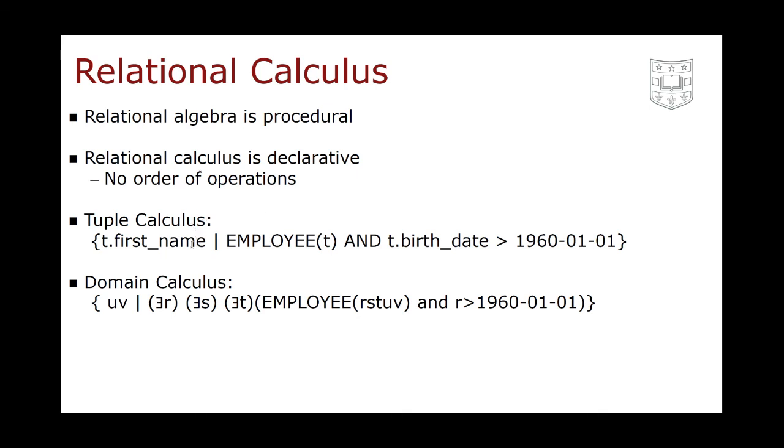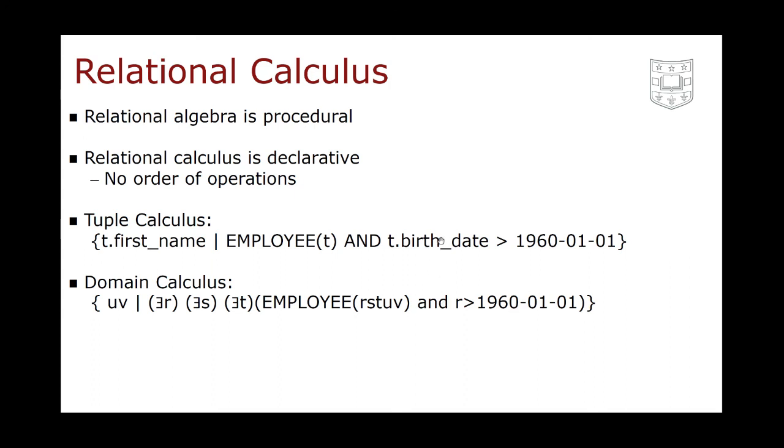The main difference between tuple calculus and domain calculus is that I'm specifying the conditions based on a broad domain, saying that I'm looking for columns U and V, where columns R, S, T exist in this relation and have a column R value of greater than January 1st, 1960.